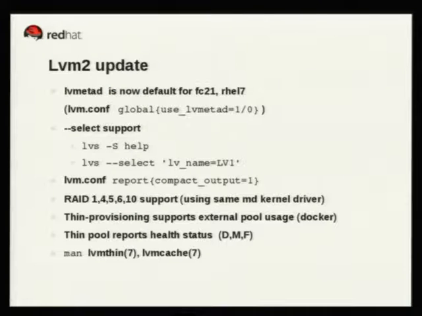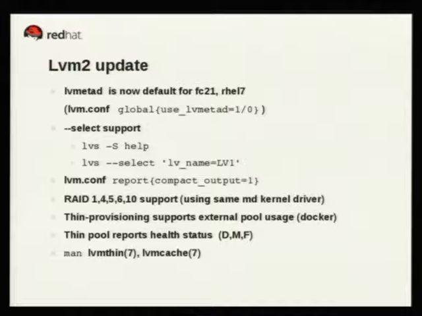So, updates. I'm not sure how often you watch how many daemons are running on your system, but from Fedora 21 and RHEL 7, we have a new daemon, lvmetad. It accelerates the access to metadata. It's caching it, so basically it's a cache for metadata.